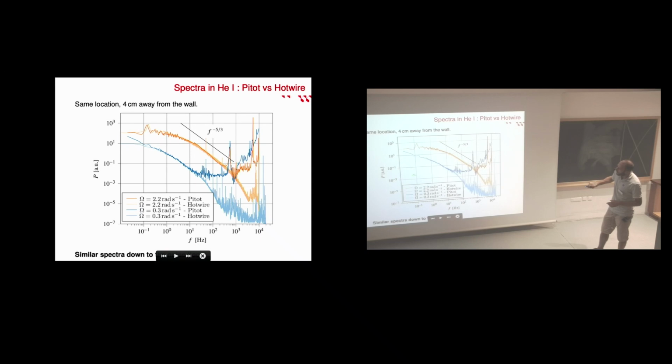But at low frequencies, the spectra of the pitot and the hot wire agree quite well until the pitot reaches its ground noise. Same for the higher velocity, so we are quite confident in our sensors. We could do the same comparison between the cantilever and the hot wire. It's not as good, but it's again quite good.